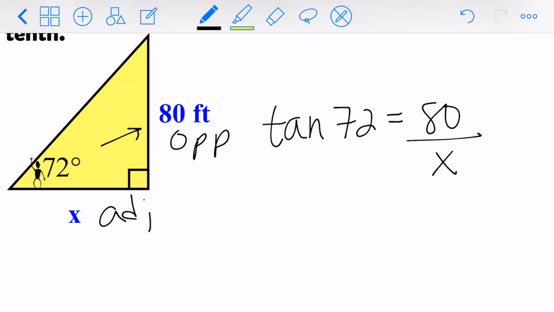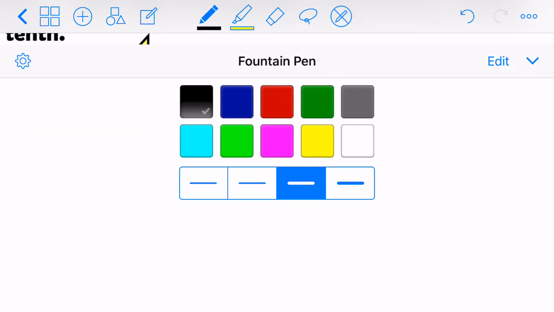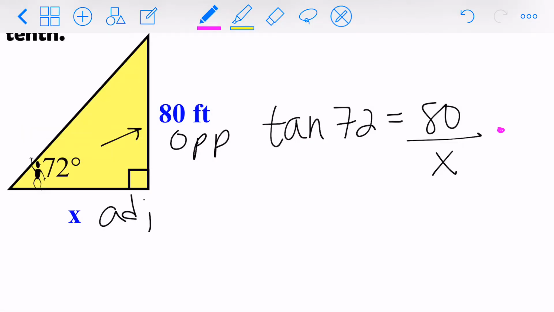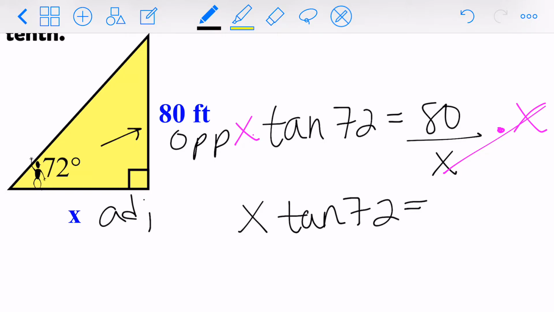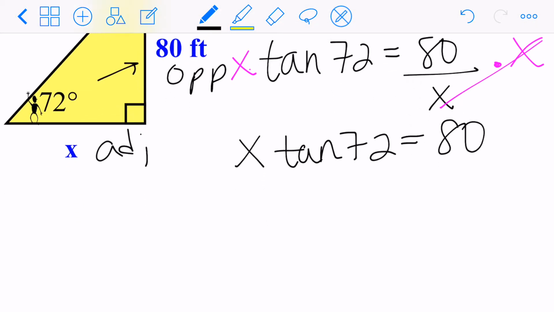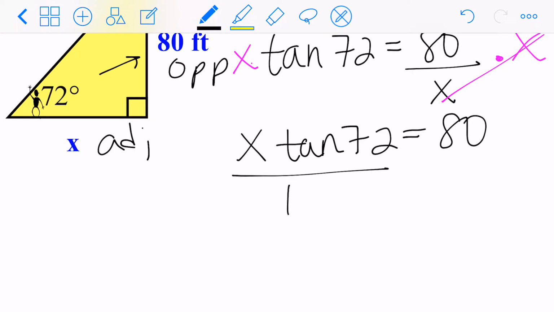This time our variable is in the denominator, so we can multiply both sides by x, and we get x tan of 72 is equal to 80. Well, x is still not by itself, so we're going to have to divide by tan of 72.